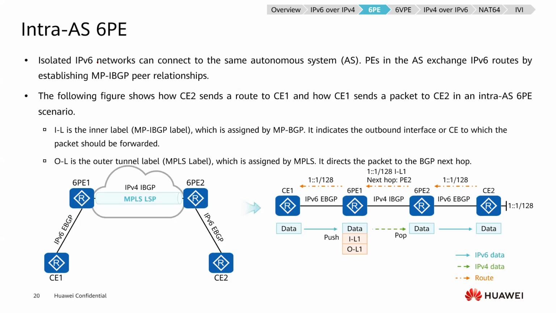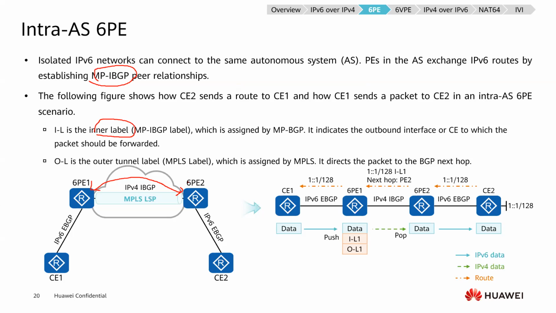I just mentioned for the intra-AS 6PE, isolated IPv6 networks can connect to the same AS, and PEs in the AS exchange IPv6 routes by establishing the MP-IBGP peer. For the MP-BGP, it assigns the inner label for the IPv6 traffic.